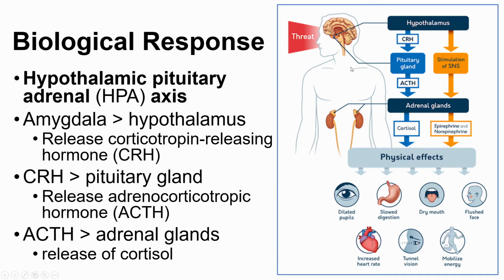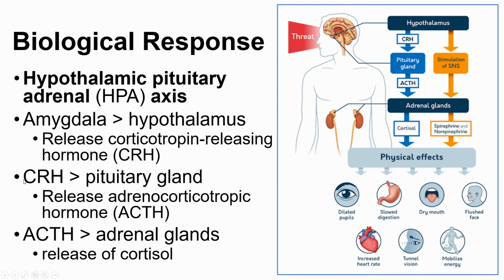And so the steps here are that our hypothalamus is going to be triggered to release corticotropin releasing hormone, or CRH. And then CRH is a hormone, so it's going to circle through our bloodstream and it's going to act on our adrenal glands. Oh, I apologize, I skipped a step there.